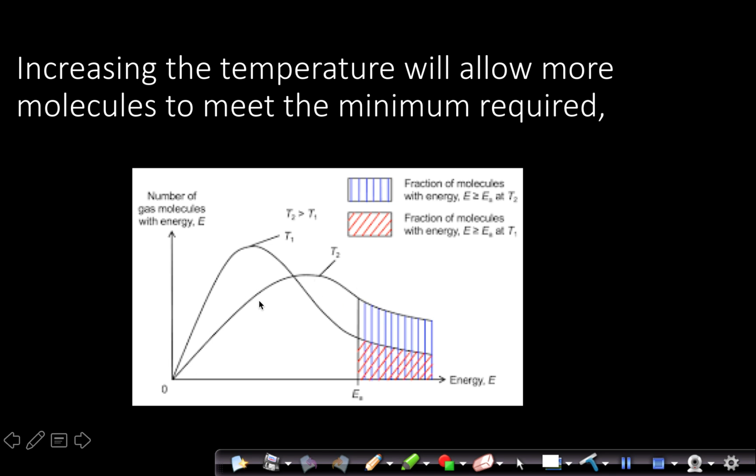Remember that by increasing the temperature, we push more of those molecules over to a higher kinetic energy individually. And that means that if this line here is the activation energy, now these additional molecules, with the vertical lines shown in blue, are also able to react once we increase that temperature.